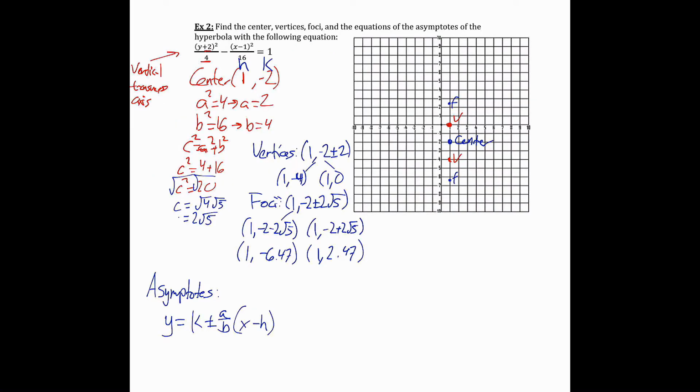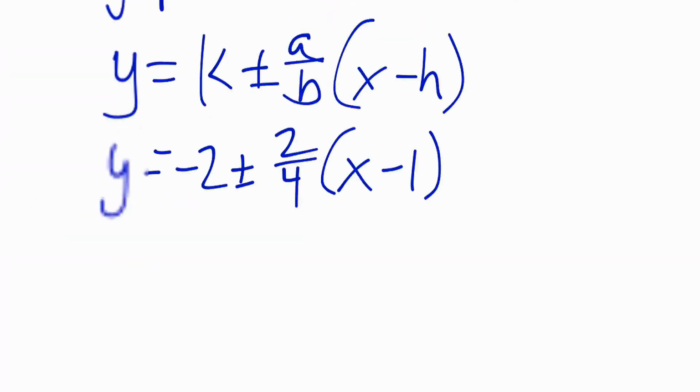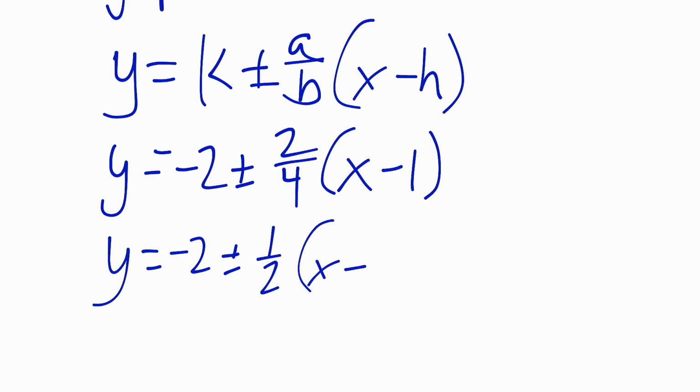So our k is -2, so we have y equals -2 plus or minus, our a value was 2, our b value was 4, that'll reduce nicely, times x minus our h value, which was 1. We got y equals -2 plus or minus 2 over 4, that's 1/2, times x minus 1.